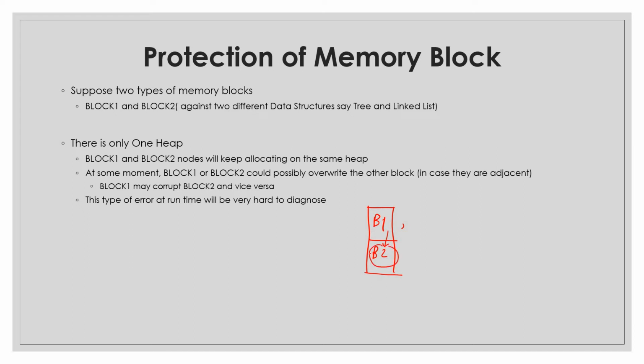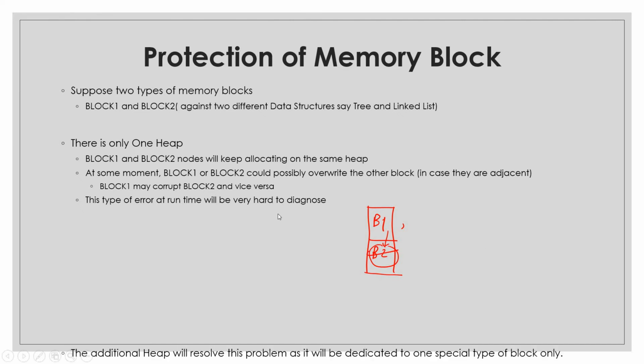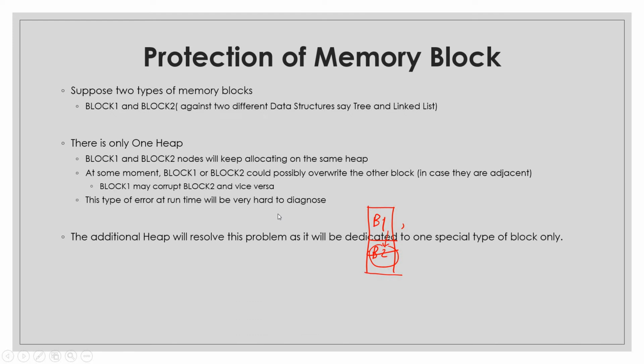So it will corrupt the data in B2. This is what we are explaining here. The additional heap will resolve this problem as it will be dedicated to one special type of block only.